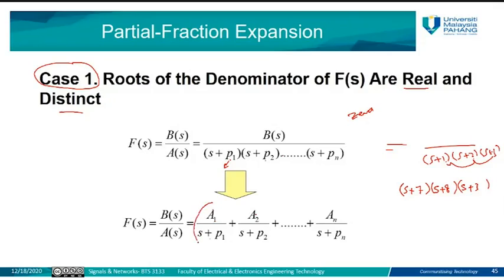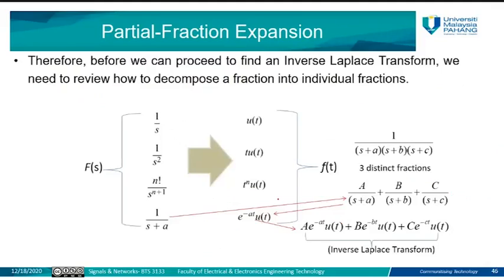Later, every part of it I can find easily in the table and find its inverse Laplace transform. We're going to have an example about this. But before we go to the example, you can see here how, if we have this function, it is as if this function is F(s).